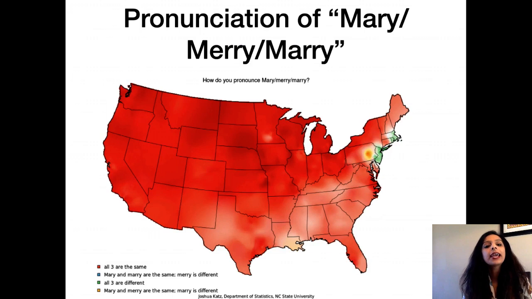Here's a pronunciation of Mary, Merry, and Marry, and very often across America, all 3 of these are pronounced the same. I have a different pronunciation for each of these, so I can try to say it, and hopefully you can hear it. M-A-R-Y is Mary, M-E-R-R-Y is Merry, and M-A-R-R-Y is Marry, right?